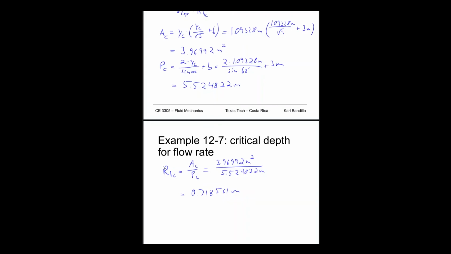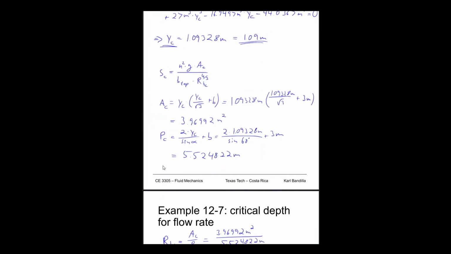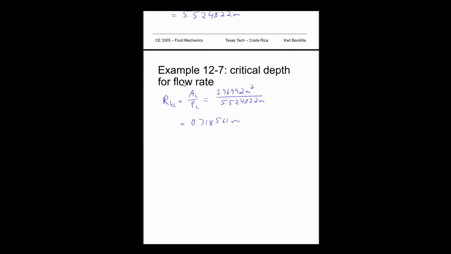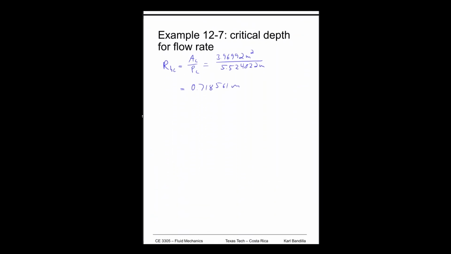Well, radius should be a length. That looks good. And then the last thing: now we have the AC and the RHC, so we're just missing B top. B top we also had a formula for: B plus 2 times YC divided by square root of 3.